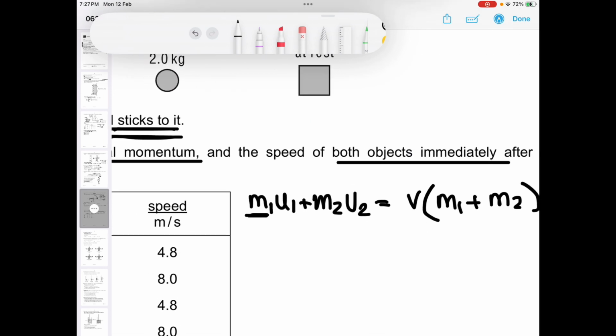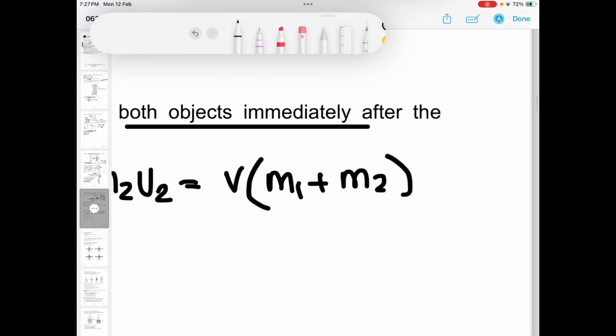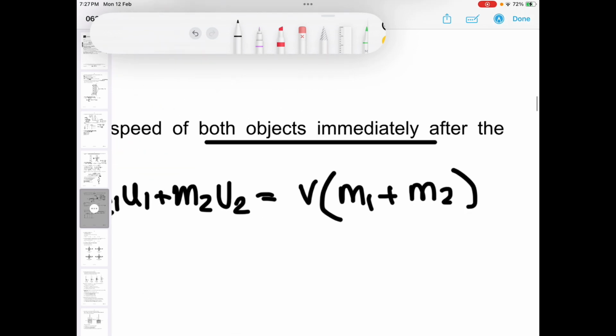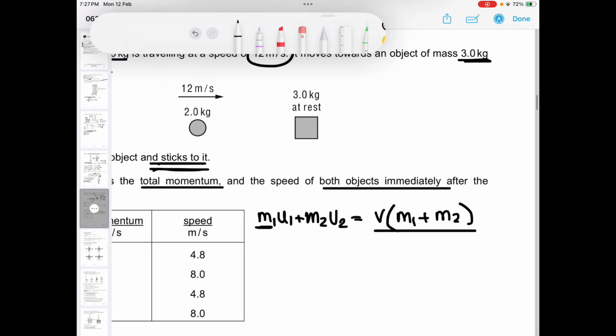The mass of the first object times its initial velocity plus the mass of the second object times its initial velocity equals the final velocity of both masses together. And the reason I wrote this is because the objects are stuck together, so their masses become one.